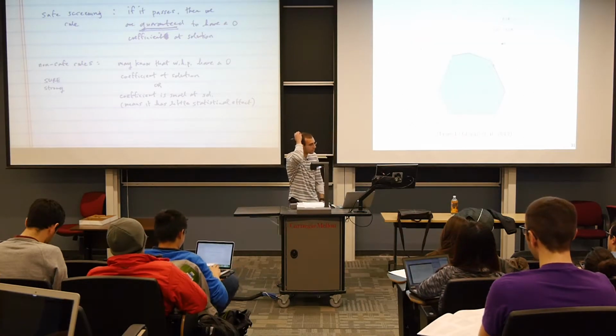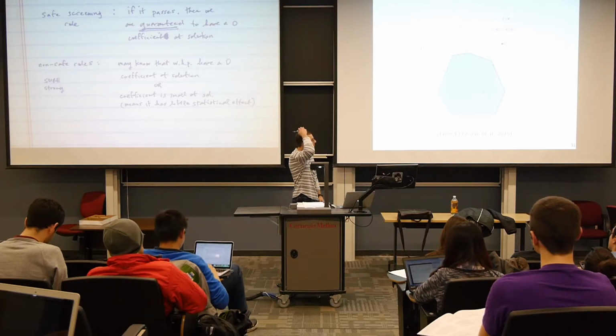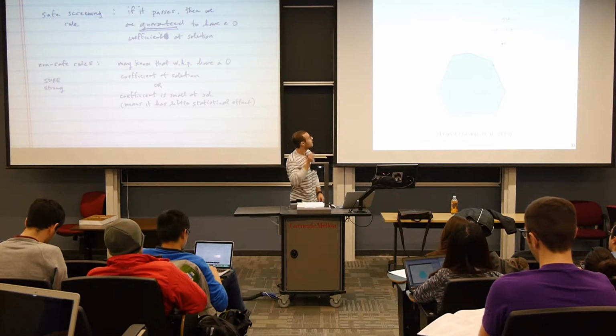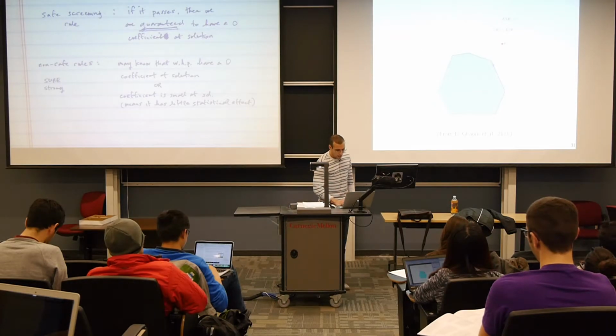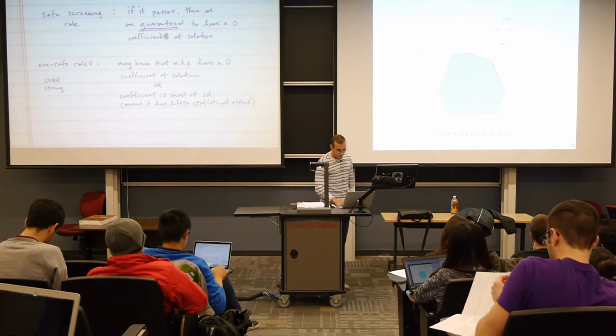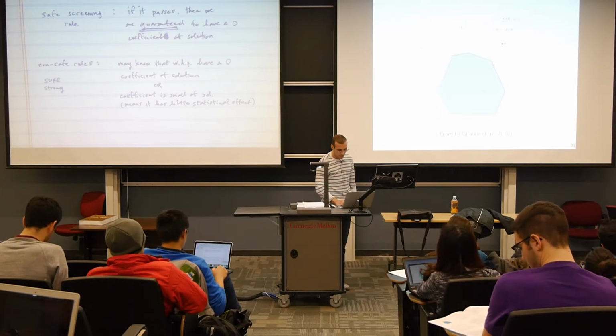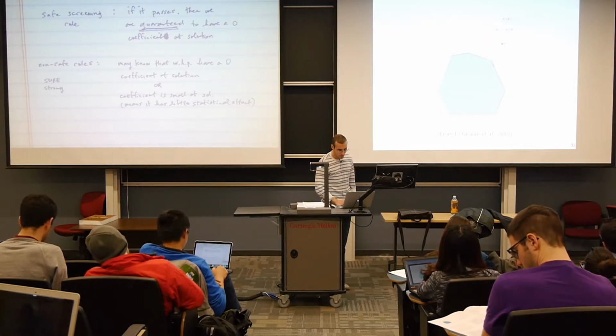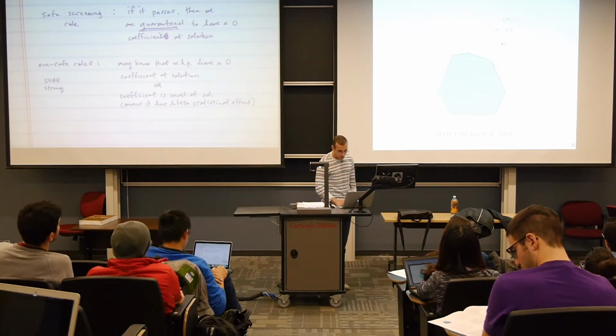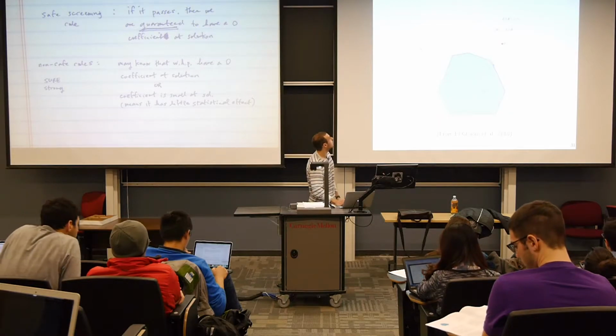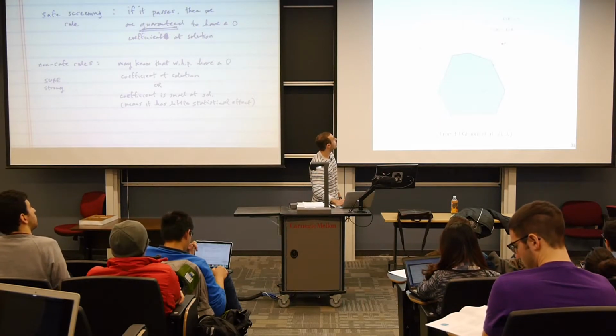Okay, here's a picture, more or less. I took this from the first paper on safe rules. And here's the idea. Let's suppose that this was my feasible point. I just picked some theta here that was my feasible point, which was not optimal.